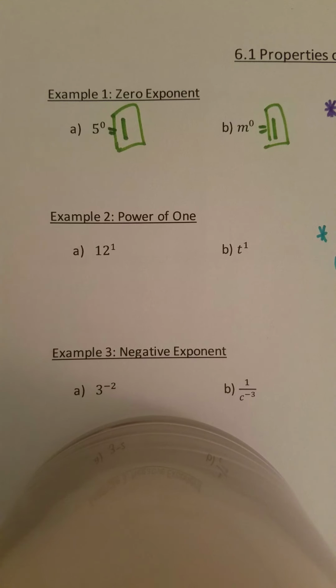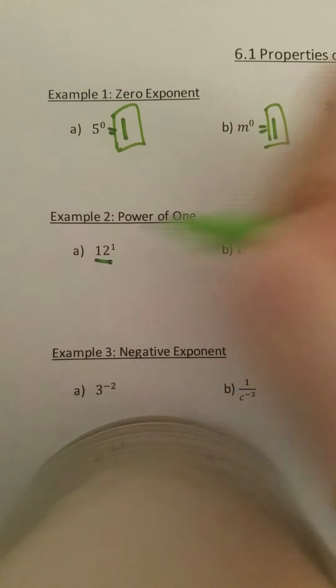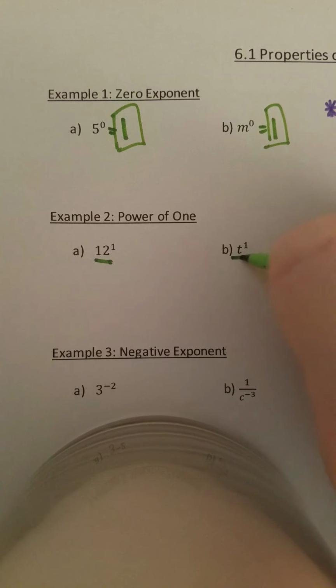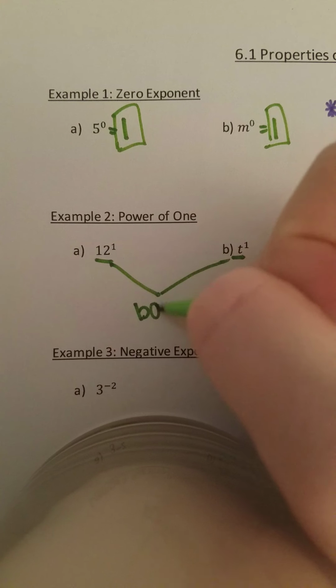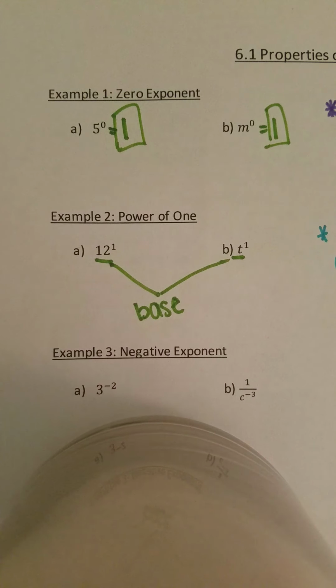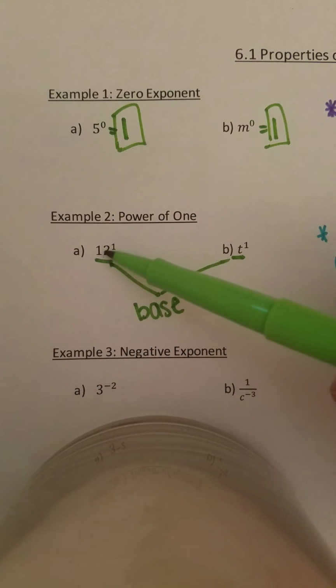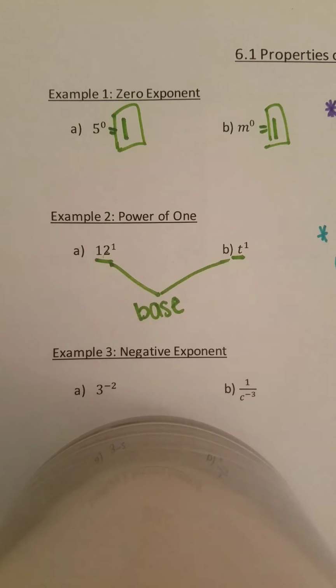So if we were to take a look at examples A and B, the base is always the bigger number. So in this case, the base is 12, and here it is t. These are what is known as the base. It's whatever the exponent is on. So in this case, we have a 12 base with a 1 as an exponent.